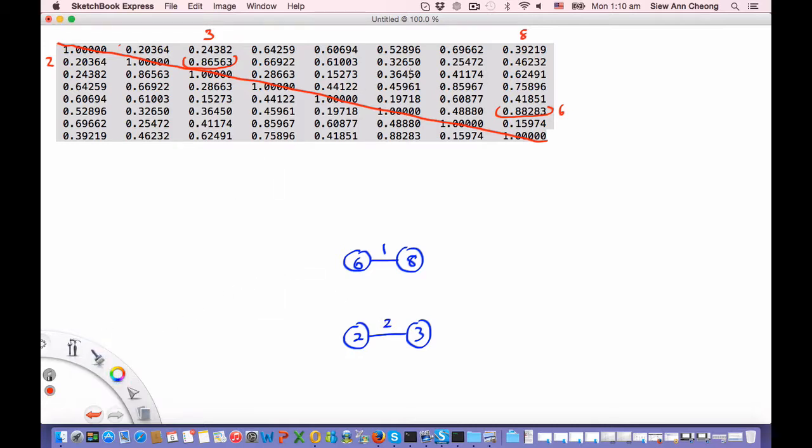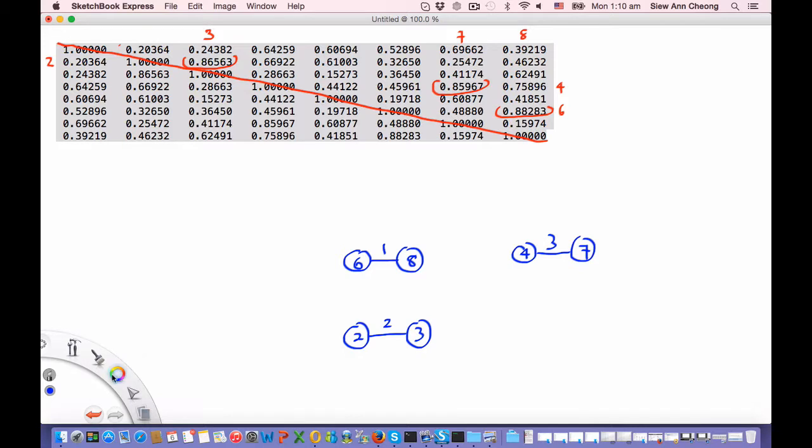The next largest correlation is here, between number 7 and number 4. Let's draw that as well. This is the third link to be added.